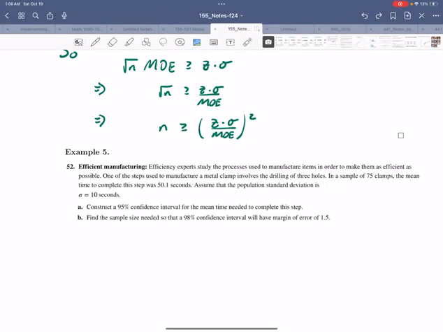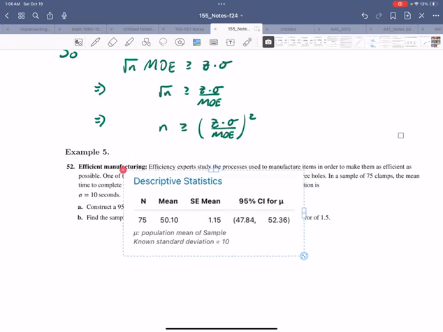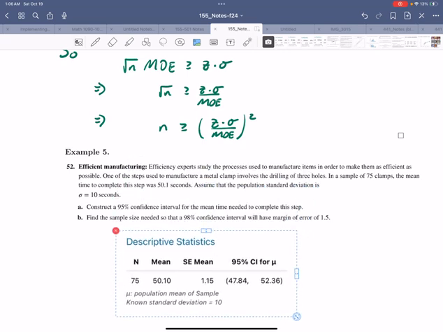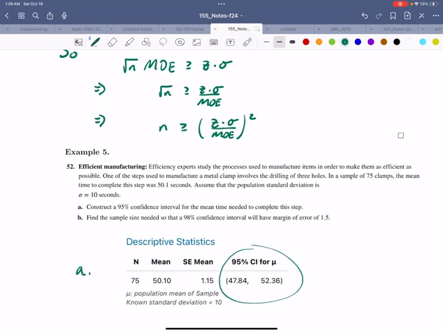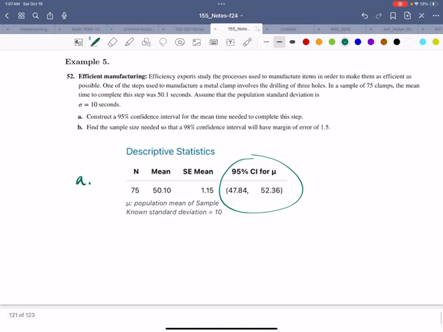I apologize for that. We wanted that. There we go. There's our confidence interval. And then secondly, find the sample size needed so that a 98% confidence interval would have a margin of error 1.5.